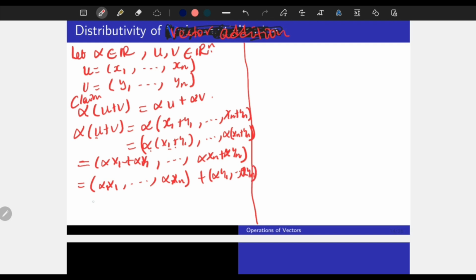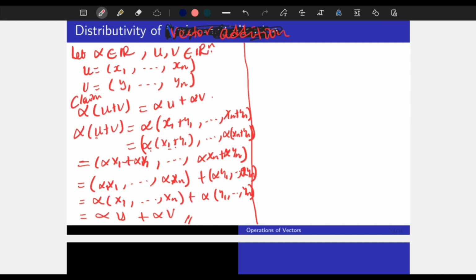Again, we can take out alpha as a common factor, which gives alpha times (x1 up to xn) plus alpha times (y1 up to yn). This is alpha times u plus alpha times v. So this is the algebraic method of proving the distributive property of vector addition.